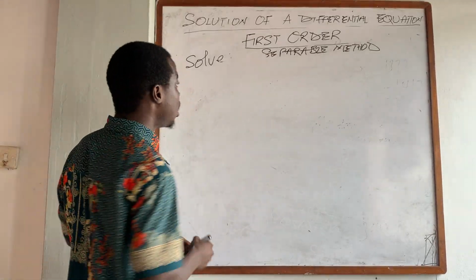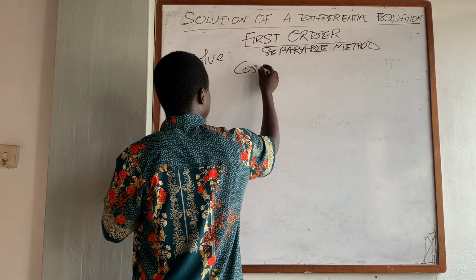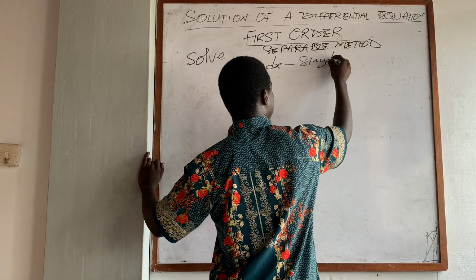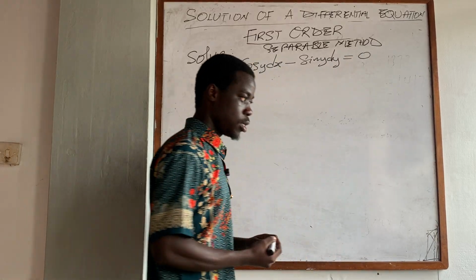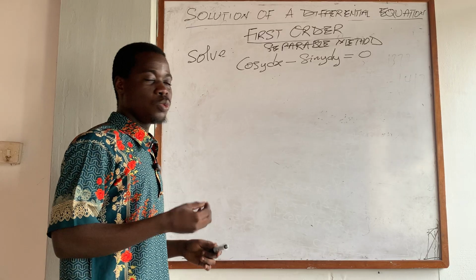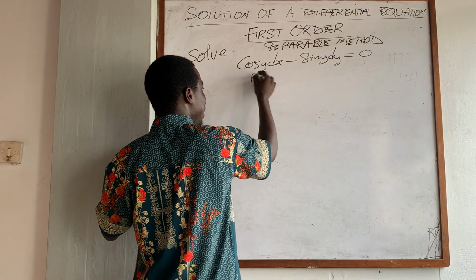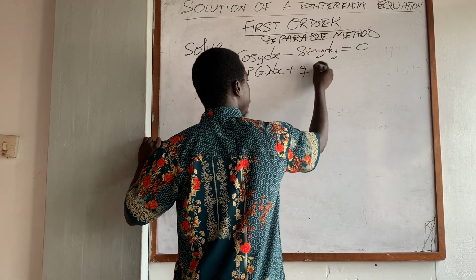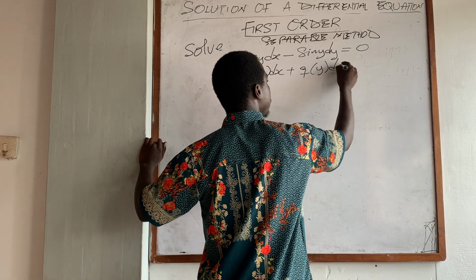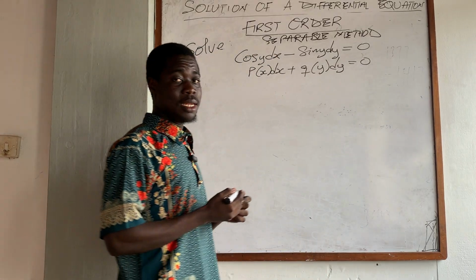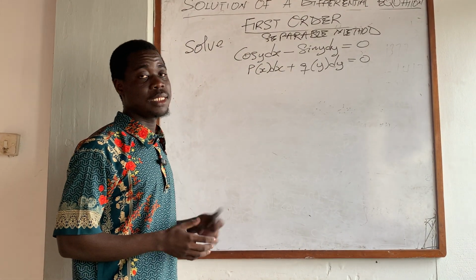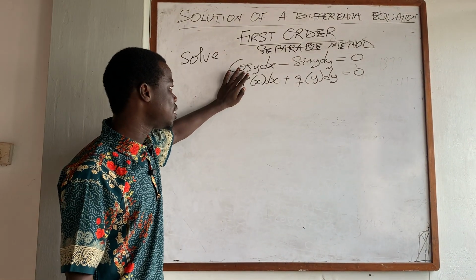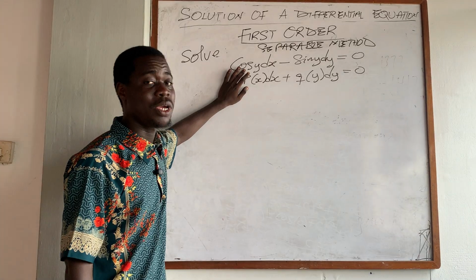So another example, I have cos y dx minus sine y dy is equal to 0. So still we need to check whether we can get something like this. If I can get something like this in this equation, then it means that I can use the separable method to solve it. So let's see. I have this function, which is a y function.